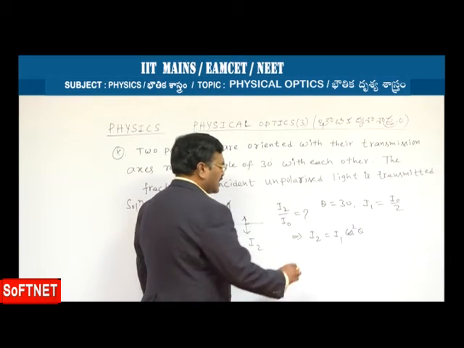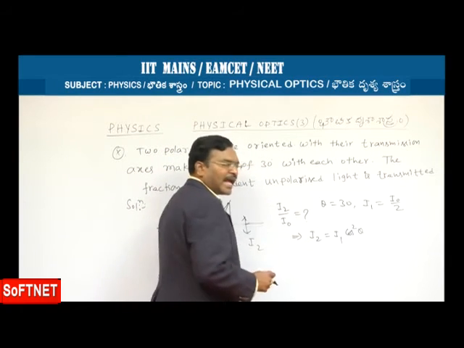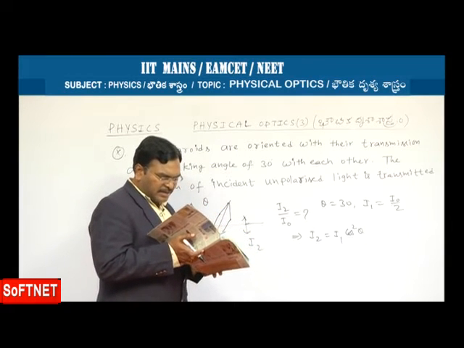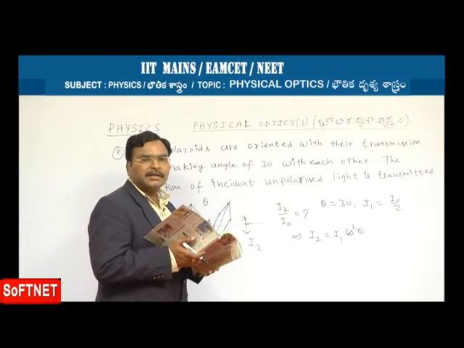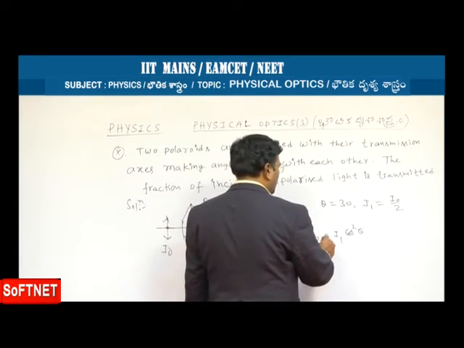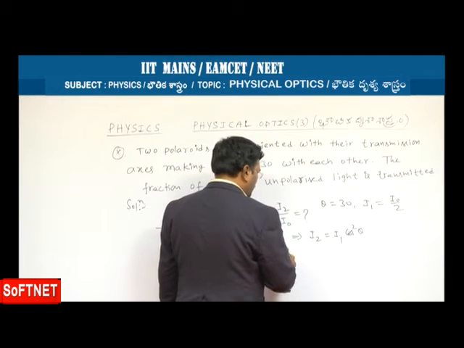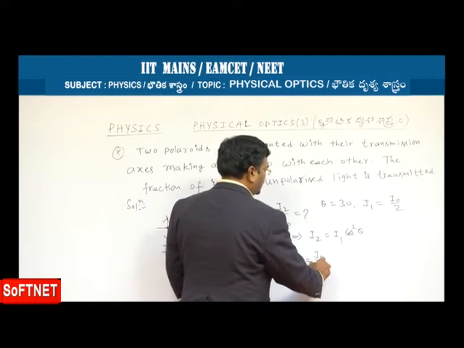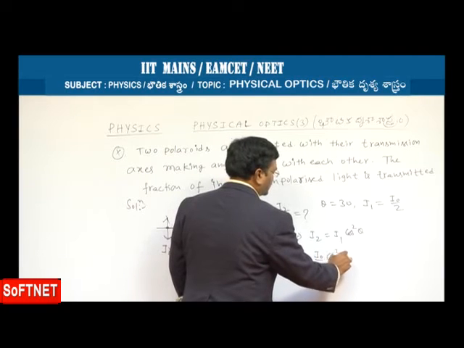The question is fraction, but the answer options are given as percentage. First we calculate the fraction. I2 is equal to I1 cos square theta, which is I naught by 2 cos square 30 degrees.